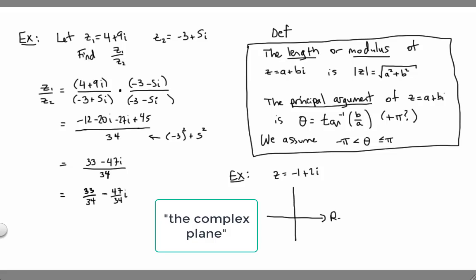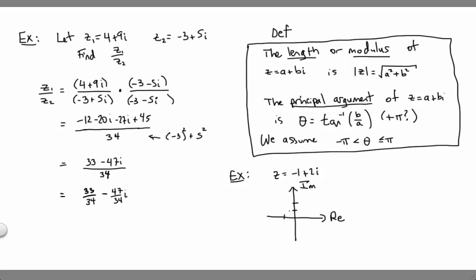We let the horizontal axis represent the real part of a complex number, and we let the vertical axis represent the imaginary part of a complex number. If we do that, then we can actually graph complex numbers. Our real part is -1, imaginary part 2i, so we're going 2 units in the imaginary direction, and that takes us over to here. So our complex number can be associated with a vector in this plane here.